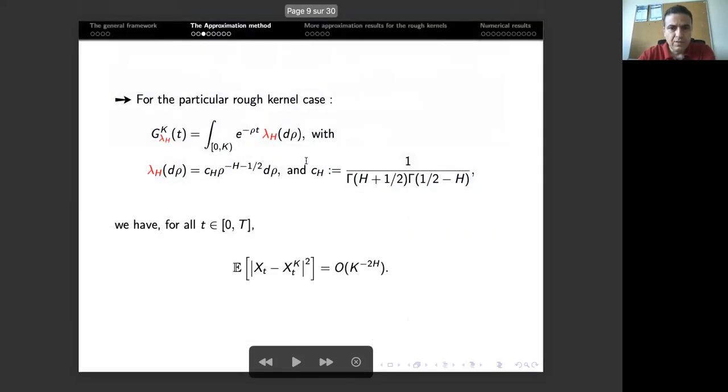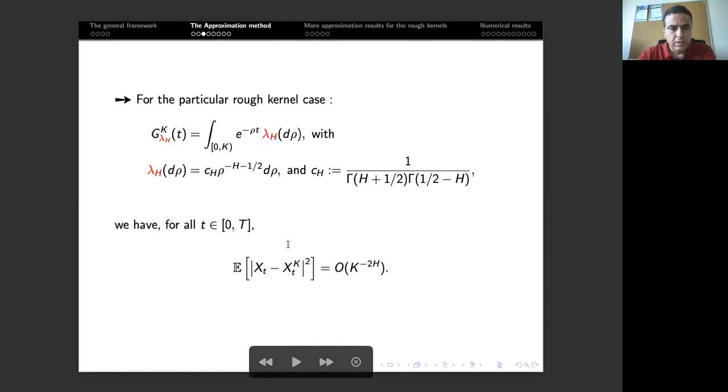So let's have a look at this truncation error in the particular case of the rough kernel. If I consider the red kernel, which is the rough one that is given here, recall that in this case the truncated kernel G is simply the integral on the interval 0 to k of the Laplace transform of this measure.